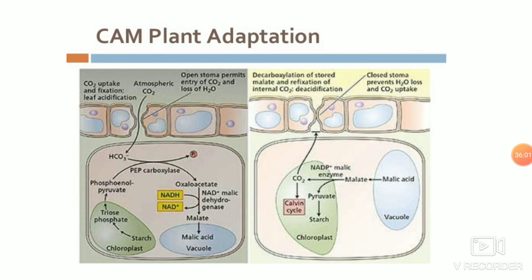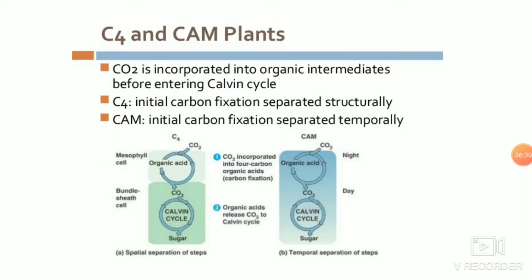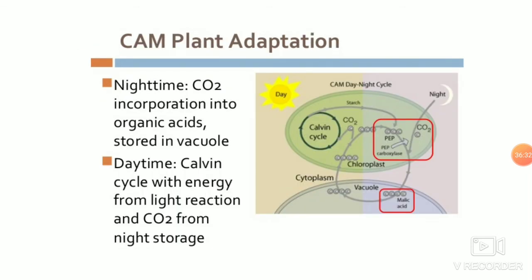That bicarbonate is added by phosphoenol pyruvate carboxylase, converting it to oxaloacetate, then further to malate, and then they are stored in the vacuole. Nighttime: carbon dioxide incorporation into organic acids and other molecules which are stored in the vacuole. Daytime: Calvin cycle with energy from light reactions and carbon dioxide from the night storage.